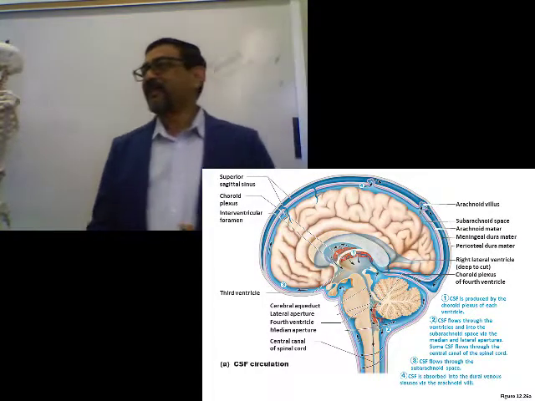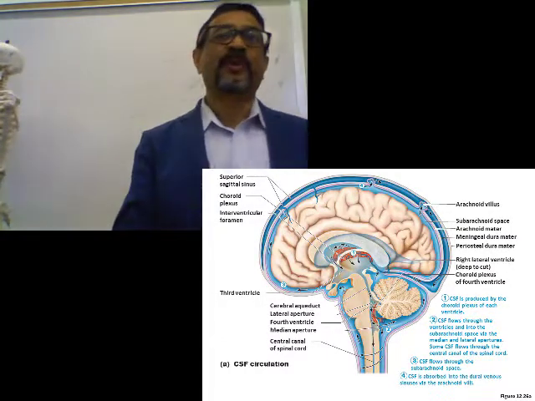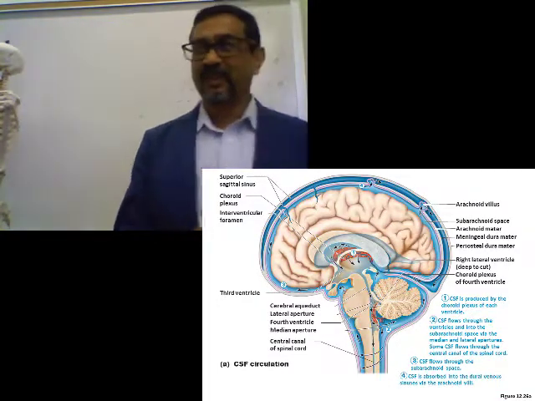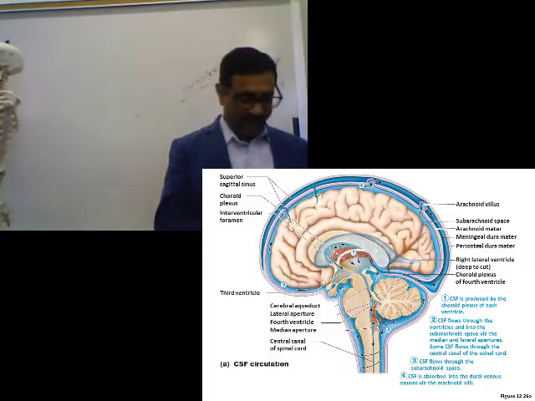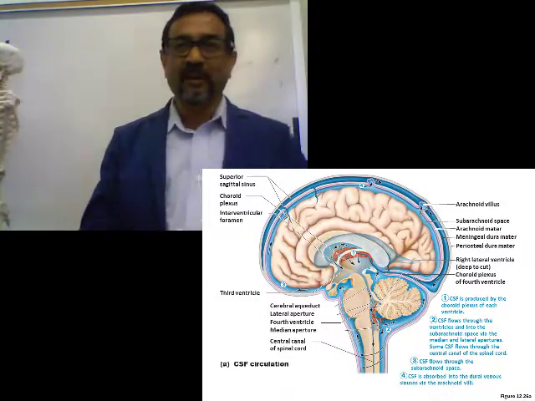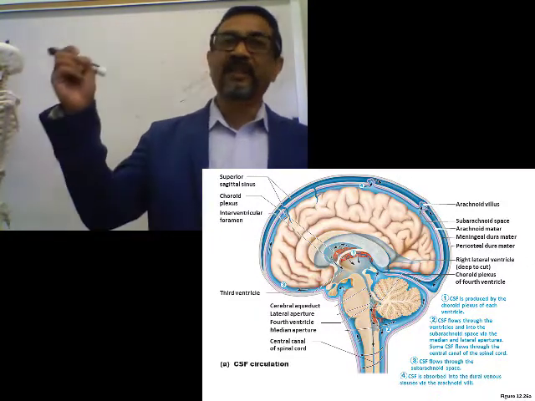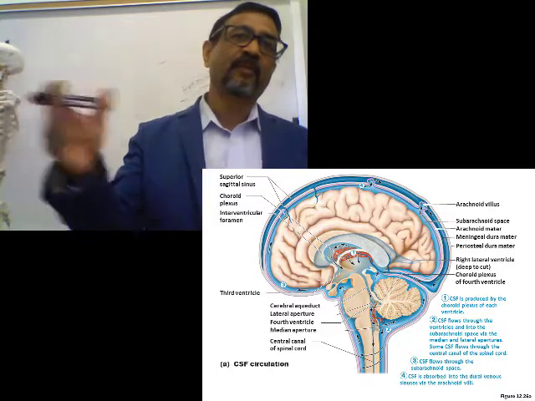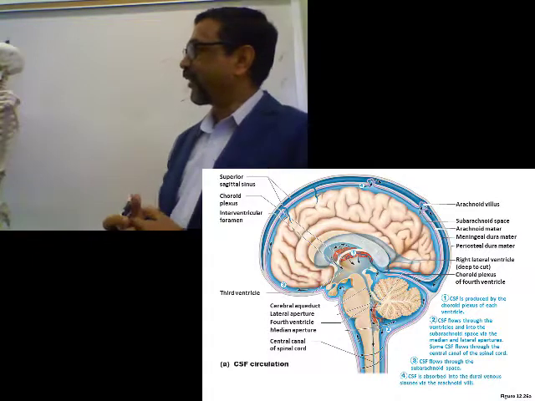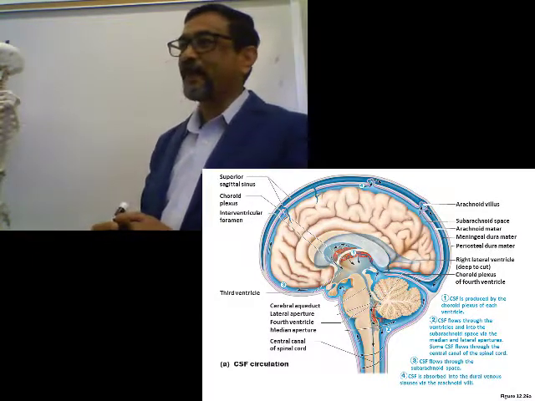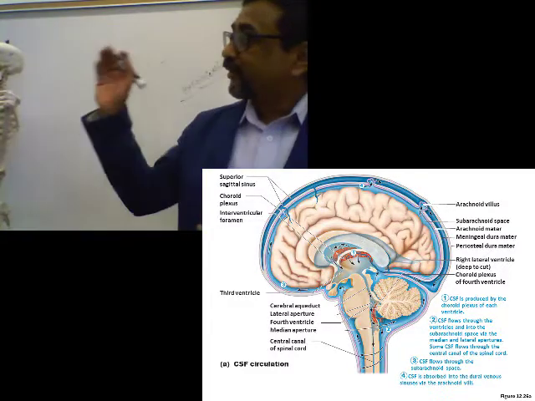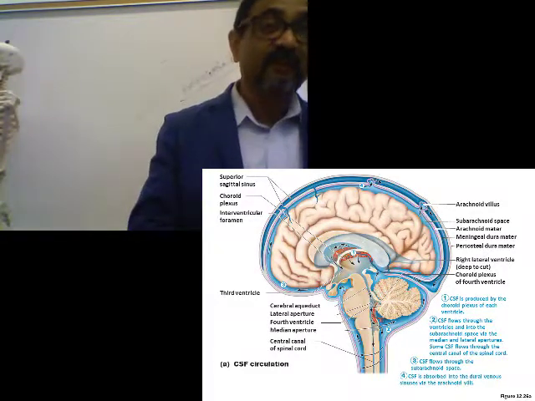Capillary plexus secrete the cerebrospinal fluid, and that plexus is called choroid plexus. So, choroid plexus is attached to the wall of the ventricle and continuously secrete the cerebrospinal fluid or CSF inside the ventricle. Is it clear? Okay. So that is the cerebrospinal fluid in the ventricle.